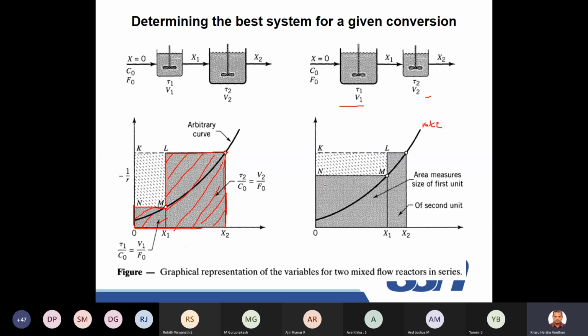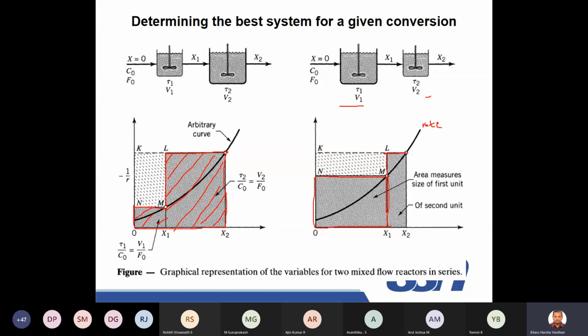Right? So this entire rectangle area is the volume of the big CSTR. Again, from X1 to X2, there is one small reactor. So this is X2. Project it down and then here it is going to cut.